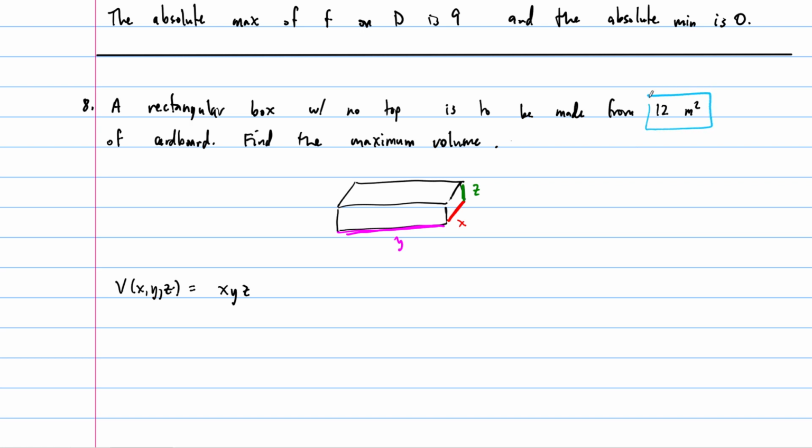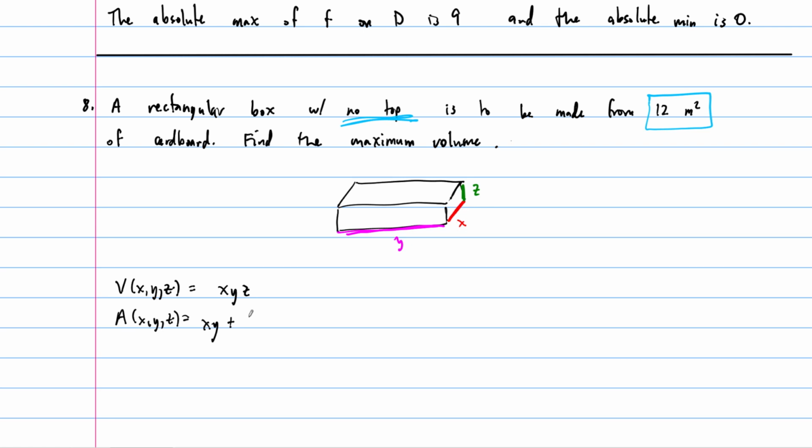The constraint is going to be that the surface area of this box is going to have to be equal to 12. But the surface area includes only 5 surfaces, not 6. It does not include the top. So there's no top on this box. So our surface area constraint, A of x, y, z, is going to be equal to x times y, the area of the bottom, plus the surface areas of the sides added up.